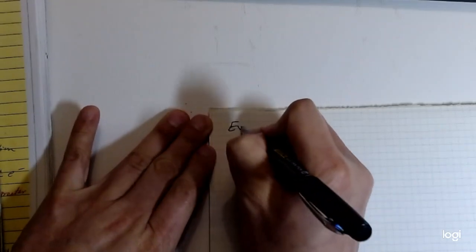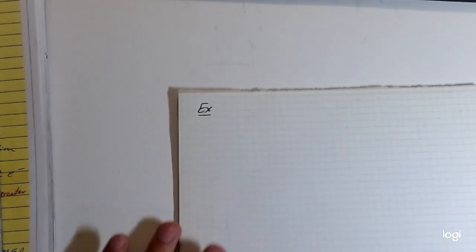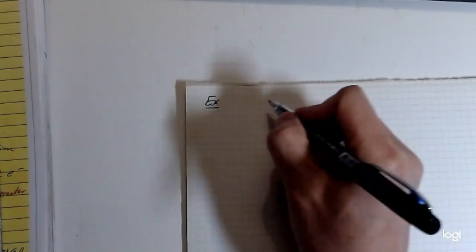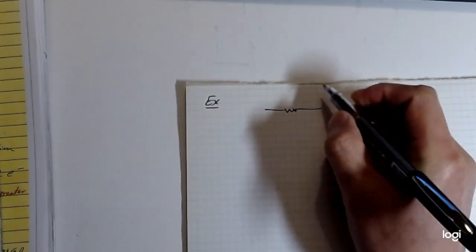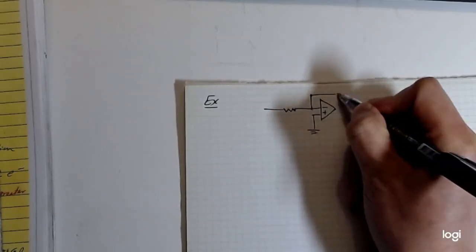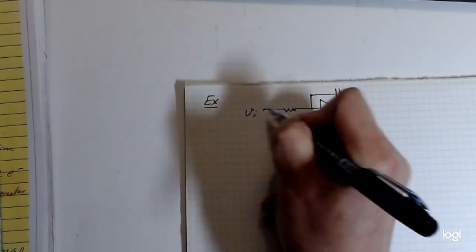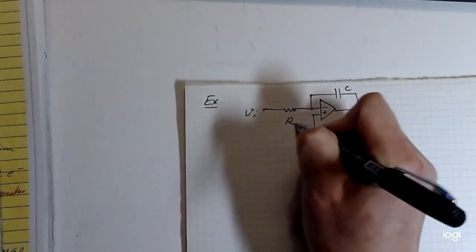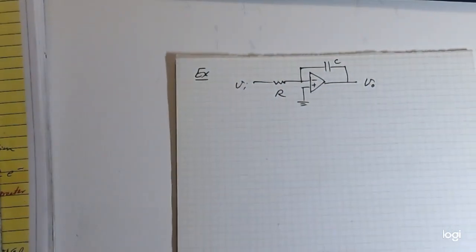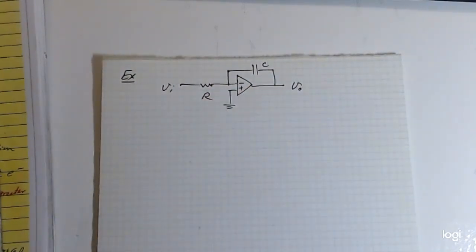So let's look at the next example. Let's do a quick one. What is this circuit for?